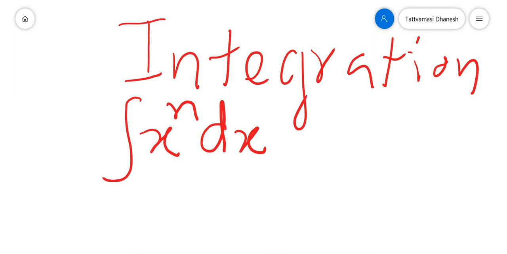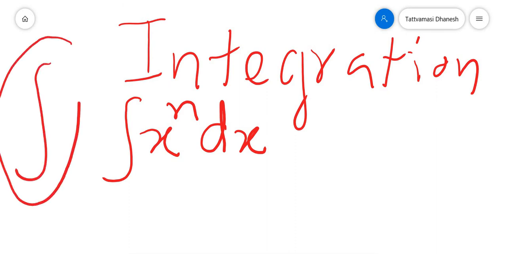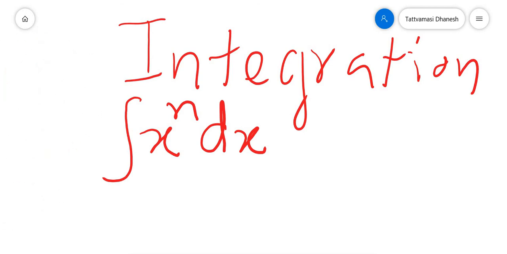For differentiation we use d by dx. For integration, this is the symbol you need to understand. This is the symbol for integration. So you understood that. I will write it once again. This is the symbol we are using.